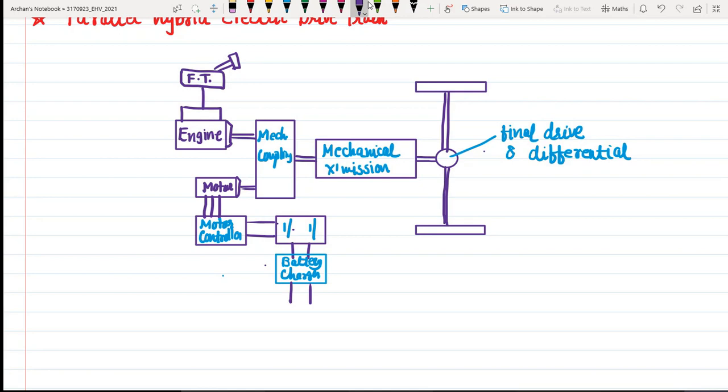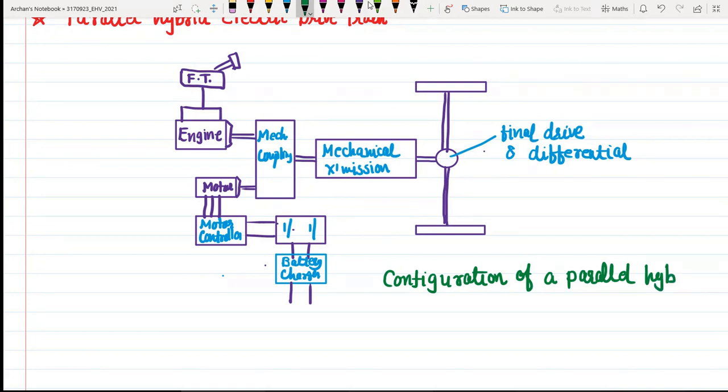So this is the typical configuration of a parallel hybrid electric drivetrain.